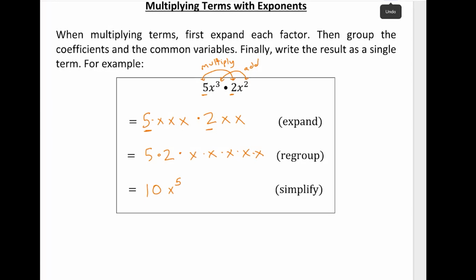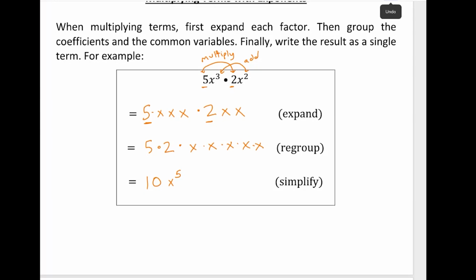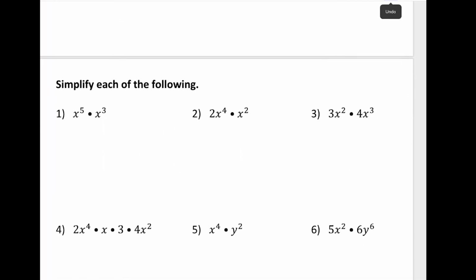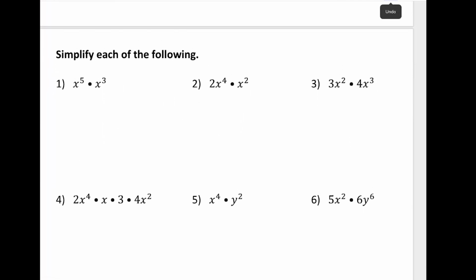But we can take that shortcut, multiplying the coefficients and adding the exponents. And I really want to encourage you to use and abuse that shortcut. So let's see if we can simplify some of these using that shortcut. So again, we're going to multiply the coefficients.